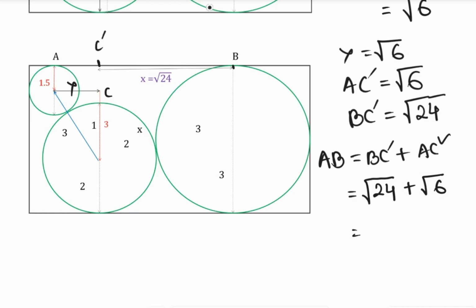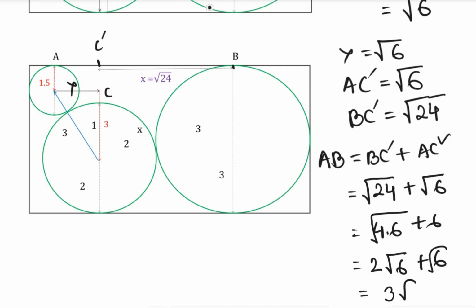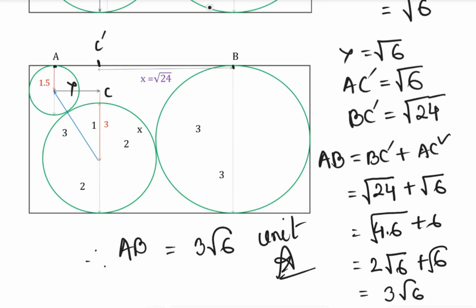And if we have a look at square root of 24, we can write it as square root of 4 times 6, so 2 square root of 6 plus square root of 6. So here it will be 3 square root of 6. So the final value of AB is equal to 3 square root of 6 unit. So this is the final answer. Thank you.